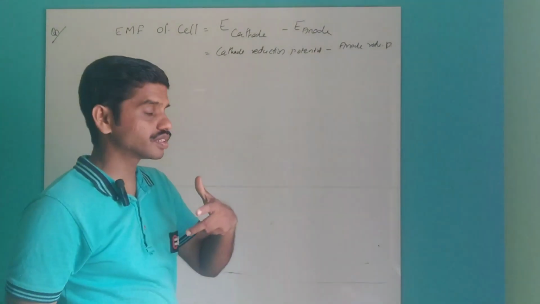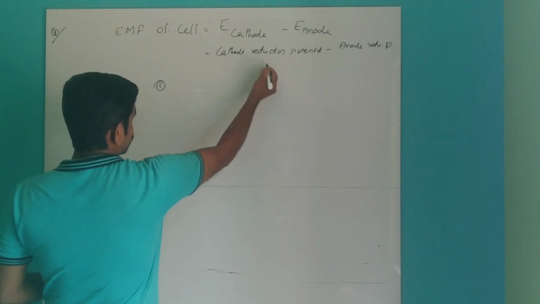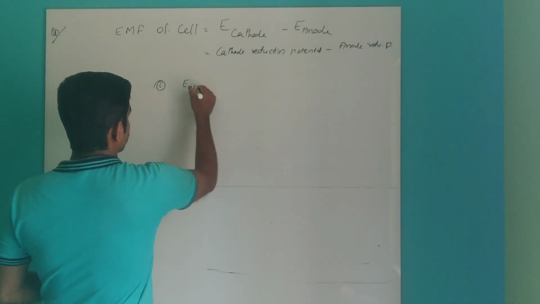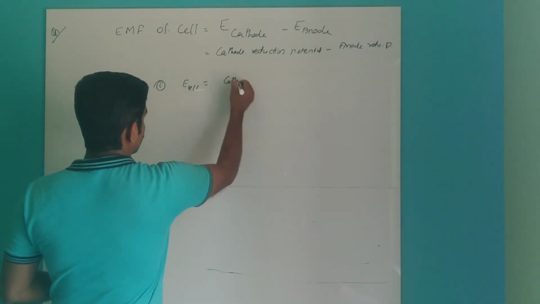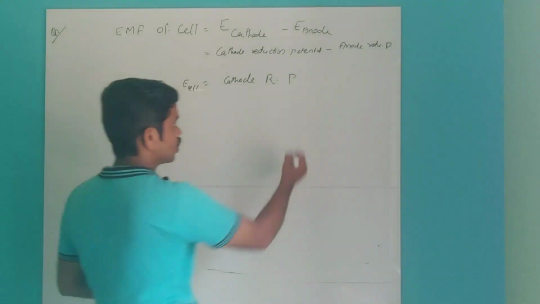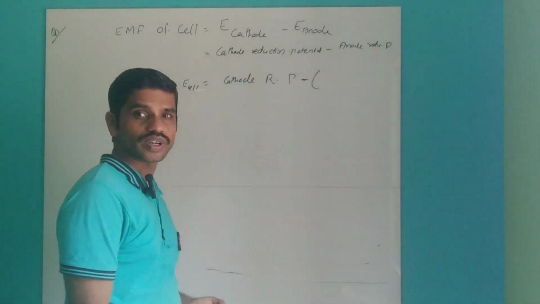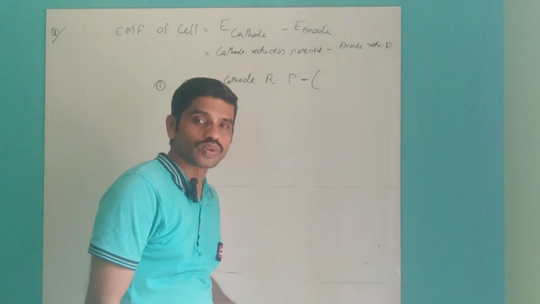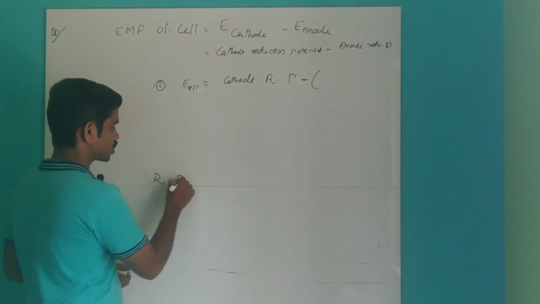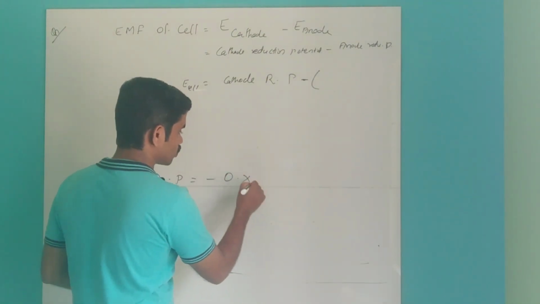So we can write this in another form also. First one is cathode reduction potential. So E cell is equal to cathode reduction potential minus anode reduction potential. Reduction potential is the negative of oxidation potential.